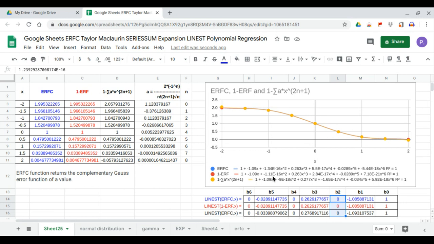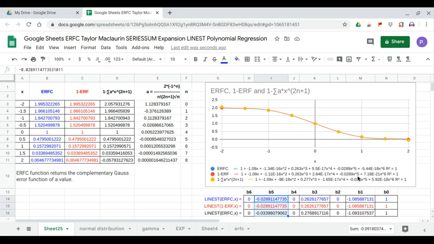Negative 1.11 times 10 to the minus 16 and negative 9 times 10 to the minus 18, they're small enough to be 0. B3 is negative 0.26 or positive 0.26, 0.26, 0.26, and 0.27. B4, 0. This is 5.5 times 10 to the minus 17, small enough to be 0. Negative 2.84 times 10 to the minus 17. All these are times 10 to the minus 17. They are small enough to be 0.